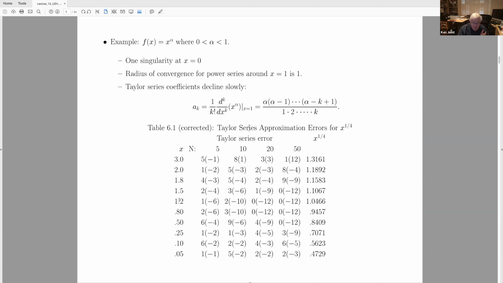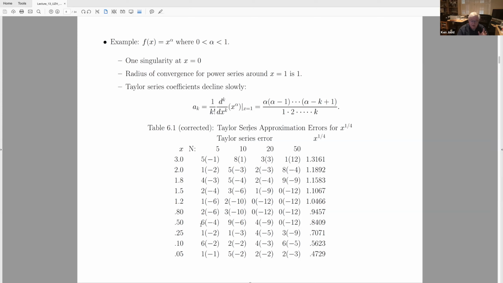Now you see that for 1.2, remember we're basing the Taylor series around 1, as we increase the order of the polynomial, the accuracy at 1.2 goes to 0. It's a very good approximation. The same is true on the other side at 0.8.